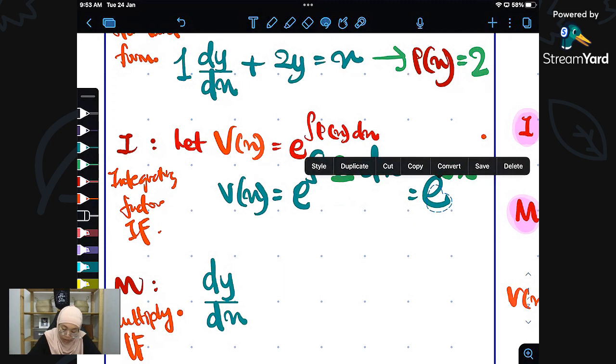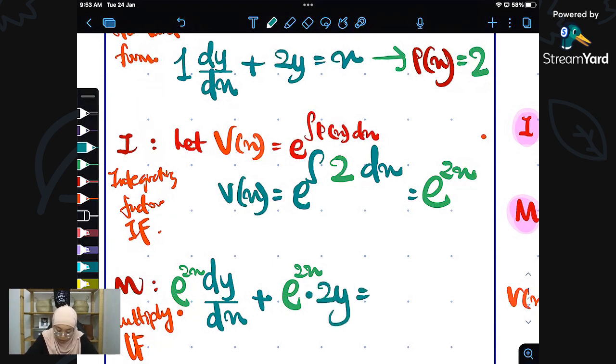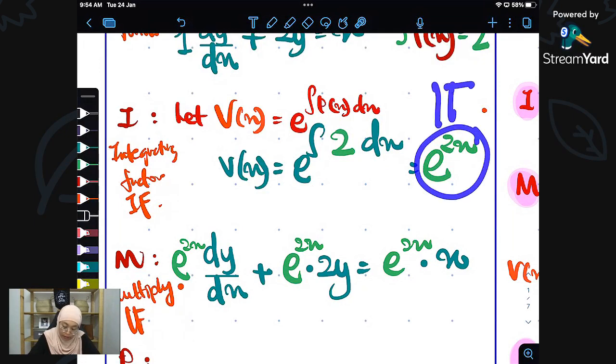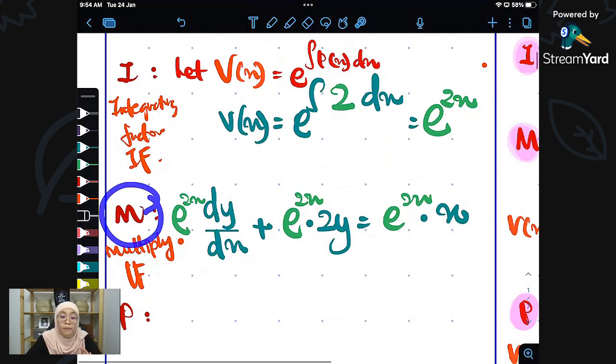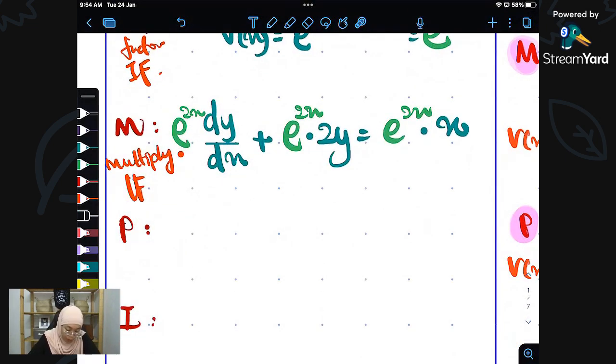I want to change this into green color so that I know I need to multiply it. dy/dx needs to be multiplied by exponent 2x, plus exponent 2x again multiplied by 2y, equal to exponent 2x again times x. Basically, what I did here is multiply my integrating factor with my standard form. That is the third step, the multiply step. Then the next step, the fourth step, is P. P means product rule.